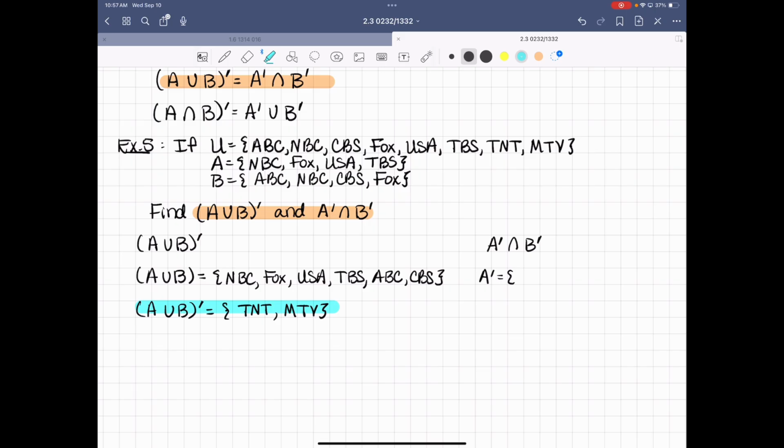So I'm gonna do my mark out method again. I'm looking at A, I'm gonna mark those out of the universal set. So I'm marking out NBC, I'm marking out Fox, I'm marking out USA and TBS. So A complement: ABC, CBS, TNT, MTV, right?